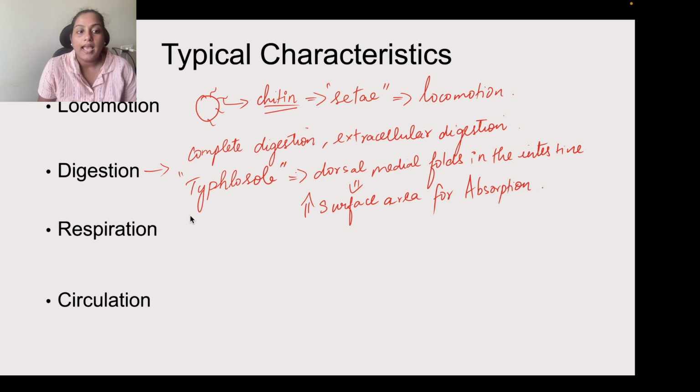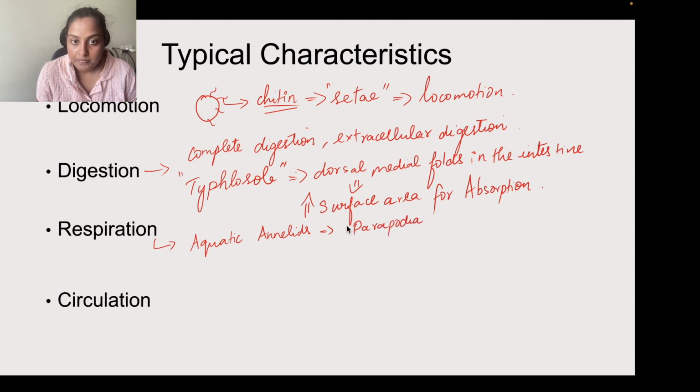Alright, and then respiration. I told you when we talked about the habitat, they can be both terrestrial and aquatic, right? Talking about aquatic annelids, they have a structure called parapodia, which is a highly vascularized structure, highly vascular in nature. So what will it do? It will help in exchange of gases.